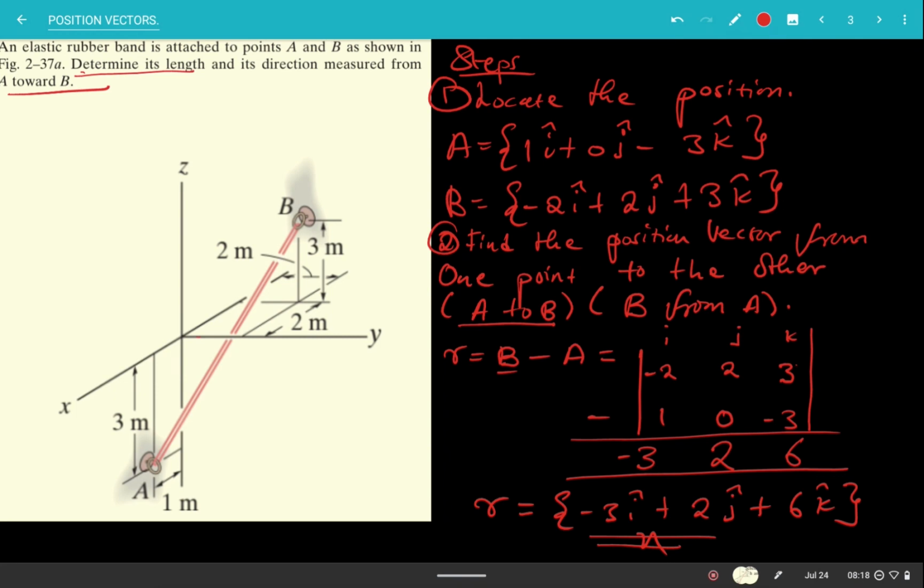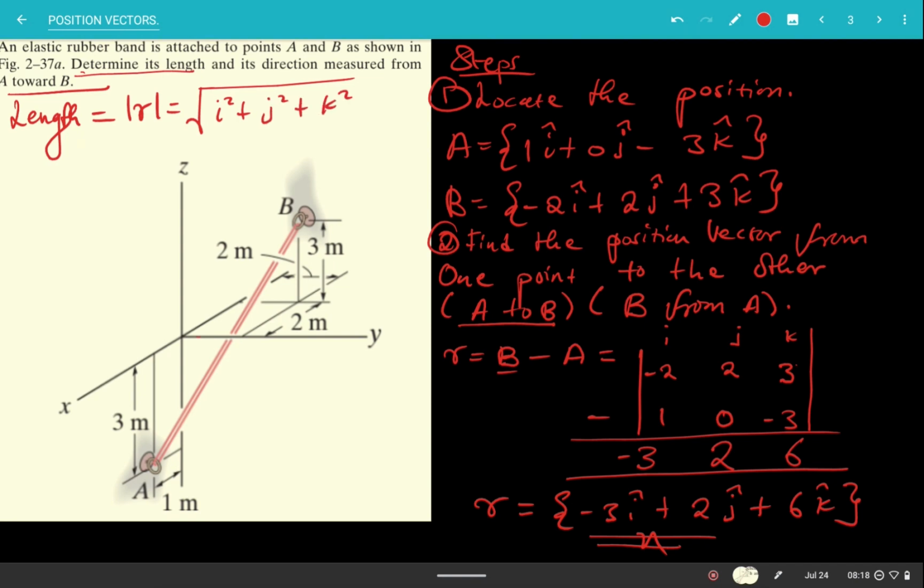But in our case, they want us to find the length. Now, one thing you should know is this, that the length is equal to the absolute form of what? R, which means that the length is equal to the root of I squared plus J squared plus K squared.